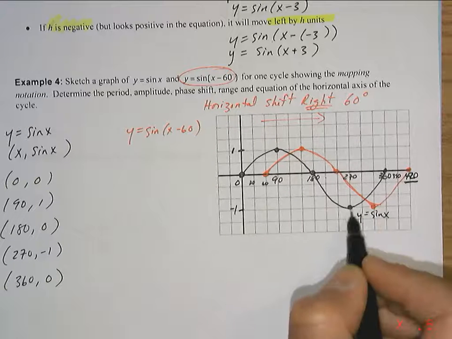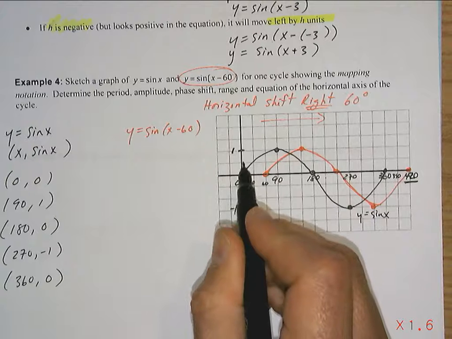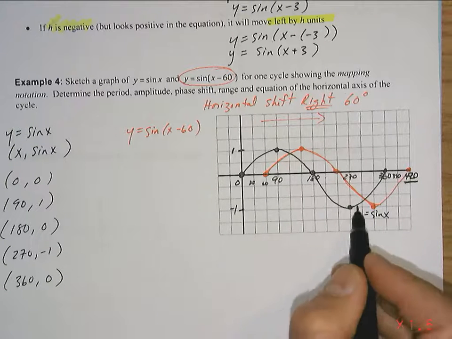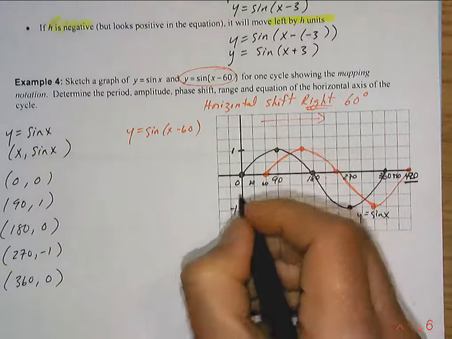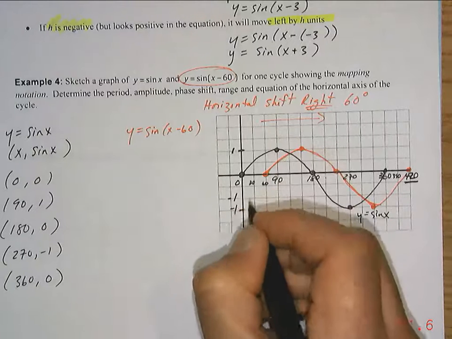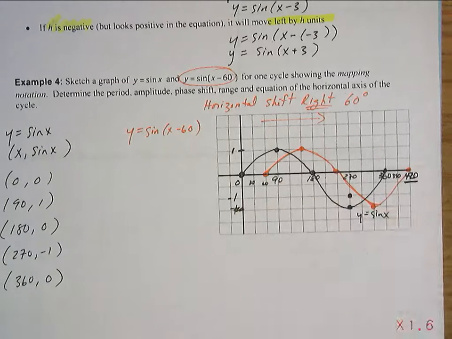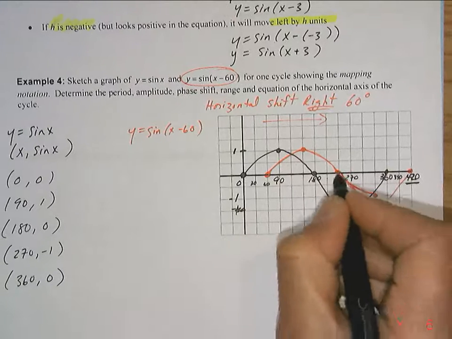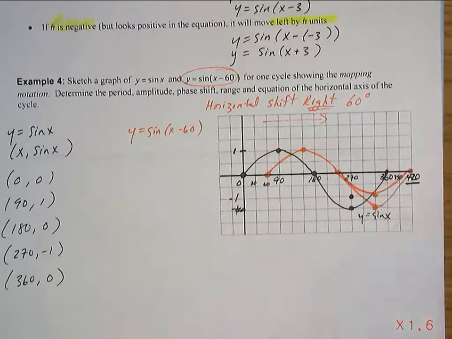Oh, I've goofed up. See how my scale is not right. I went up 2, but I came down 3 here. That's wrong. This should come down to here. So this should actually only come down to here, and this one should actually only come down to here, which means that that should go like this, and that this black one should go like this.